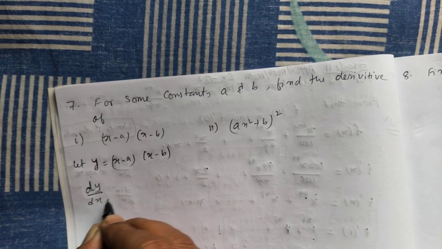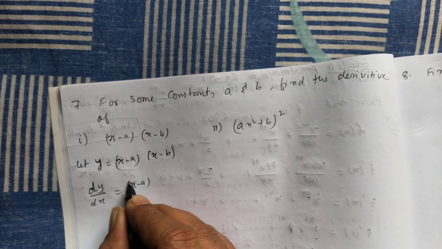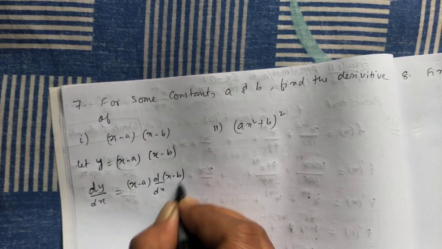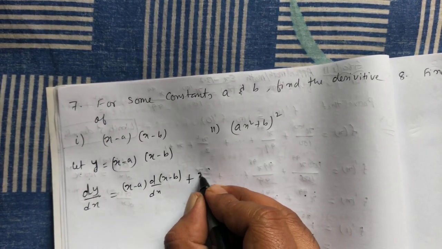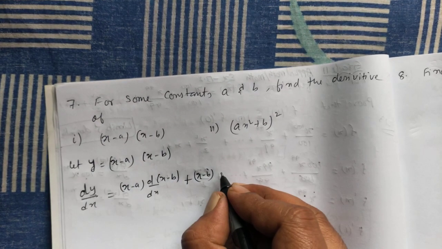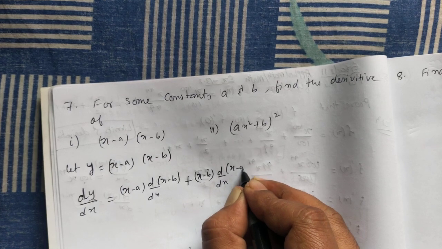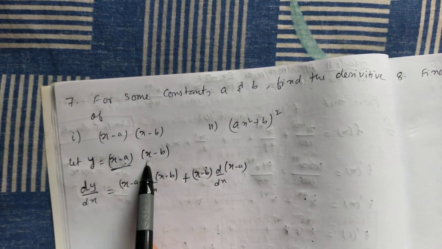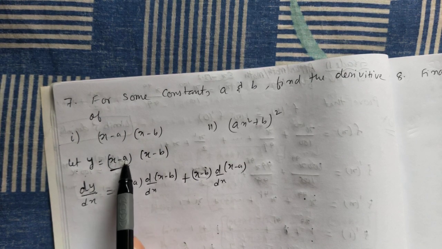dy by dx. First we'll keep this one constant and we'll derive this, plus we can keep this one constant and we'll derive this. First we're keeping the first term constant and we're deriving this, and plus we're keeping this one constant and deriving the first function.